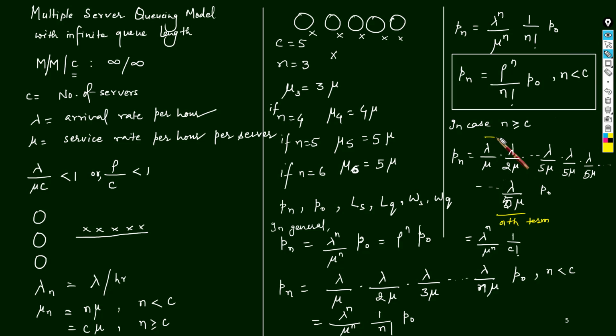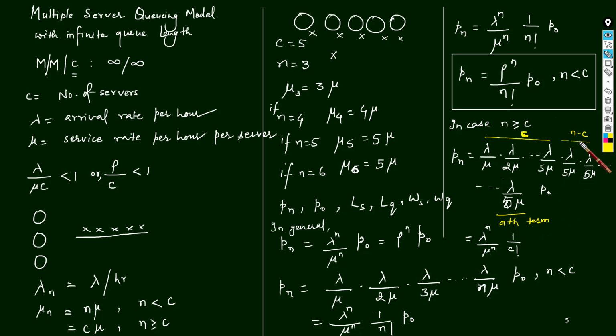So up to here it is c, and after that out of n, this is n minus c, so total terms will be n. So this is n minus c, a lambda by c mu. How many are remaining? This is n minus c. So we can write like 1 by c, 1 by c, like that.